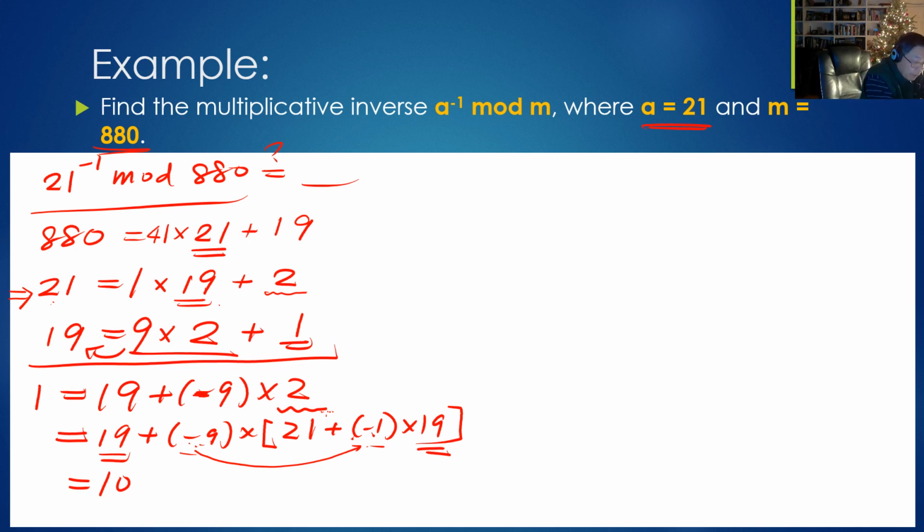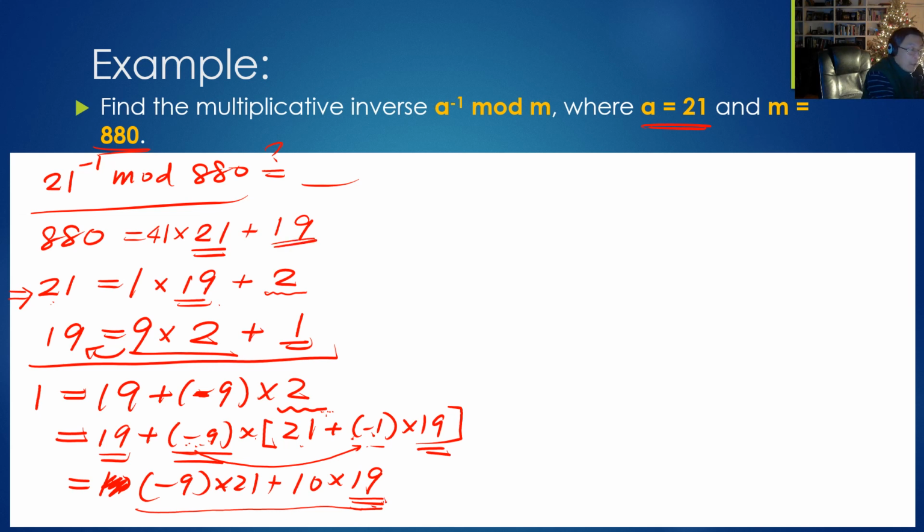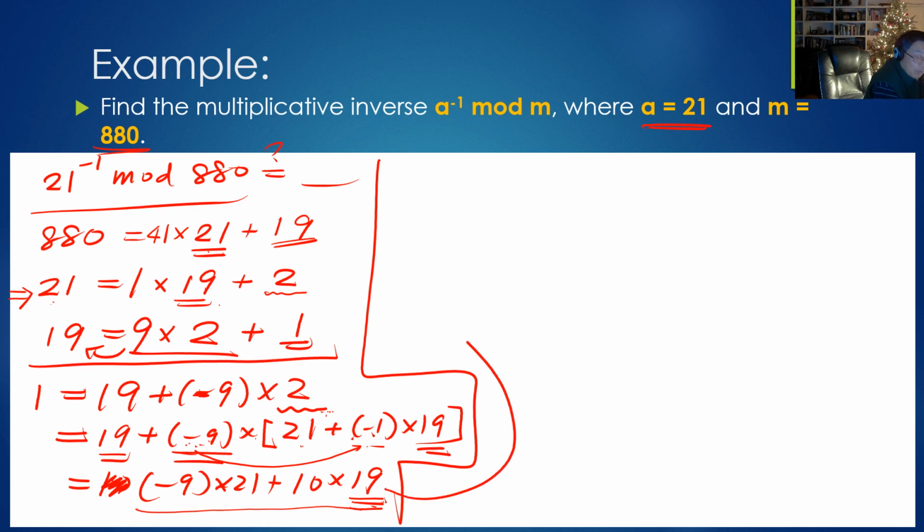So I'm going to move this 10 times 19 over here. And then what's the other term? Minus 9 times 21. The reason I write this is because I am going to replace 19, which is the remainder when you divide 880 by 21. So let's go up.